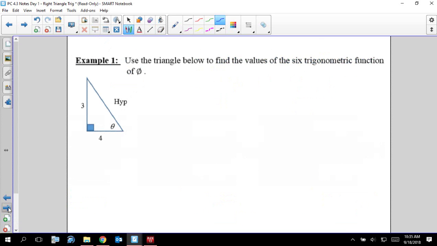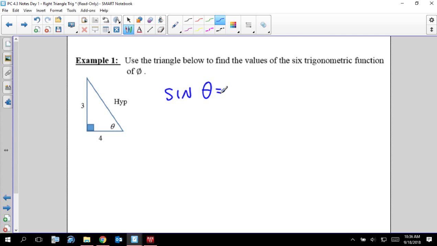All right, so when you see a question like this, you say, oh, I have to find all 6 trigonometric values. So right away on your paper, you start writing sine, and then what is my angle? Theta. I don't know the angle, but you still have to represent it. There's no time that you would ever write sine without an angle.